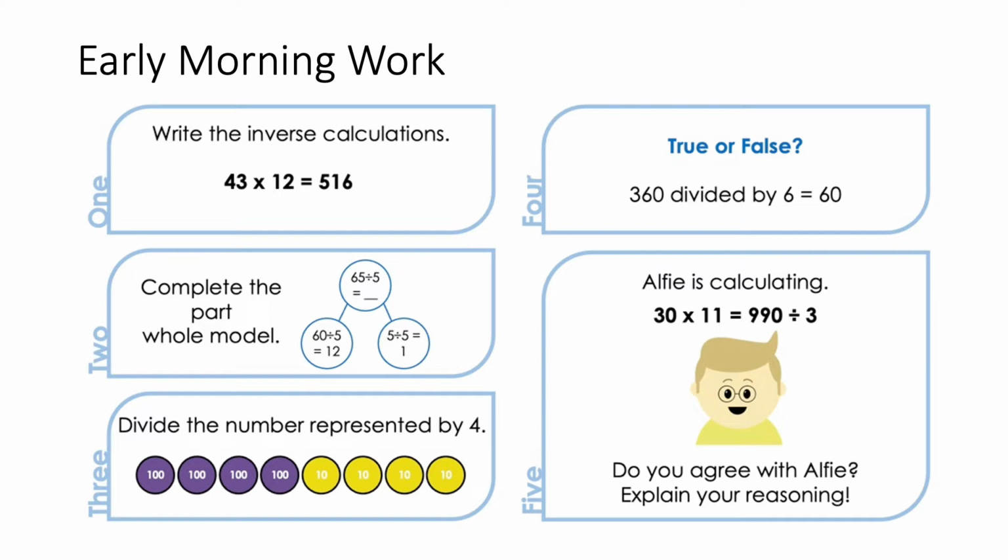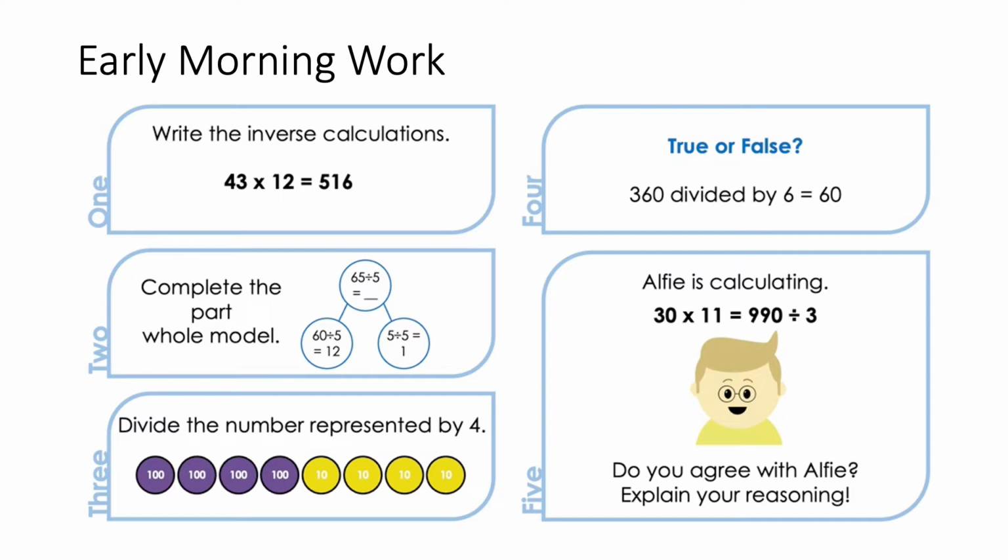And what number always comes first in the division sums? Number two, complete the part whole model. So 65 divided by 5 equals, and it's got 60 divided by 5 is 12, and 5 divided by 5 is 1. So add those two answers together, and that gives you your complete answer.